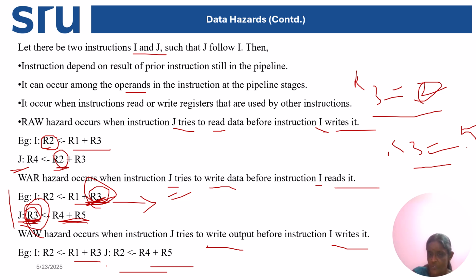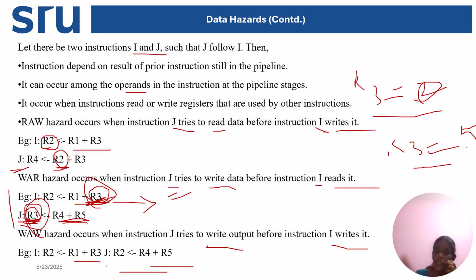First R1 plus R3, second only R4 plus R5. If there is any timing difference between the two, whatever output you are getting from J will not be correct. First you should get the I instruction output only, you should take. That is what the meaning.